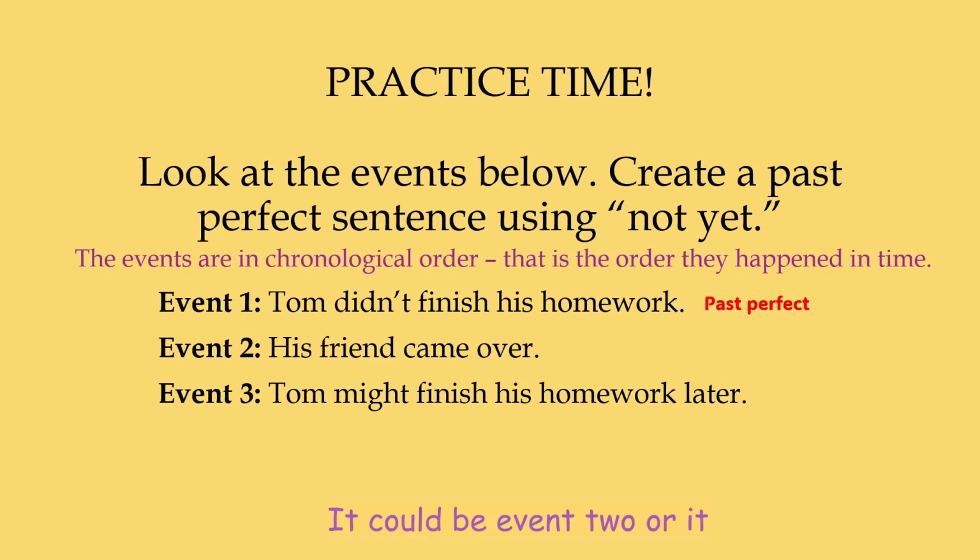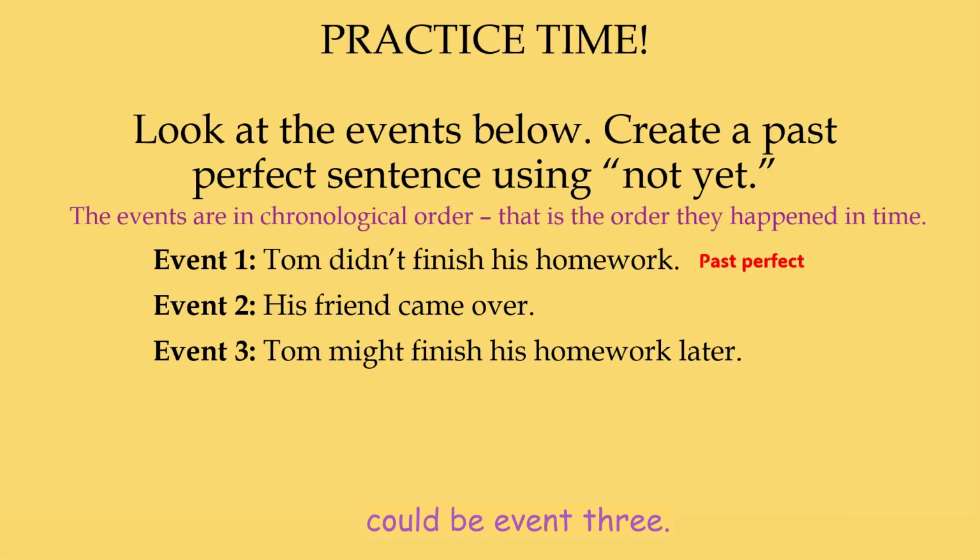It could be event 2 or it could be event 3. But event 3 tells us about something that might happen later. And this is expressed by the word yet. So we don't need to say in our sentence, Tom might finish his homework later, because yet expresses that for us.